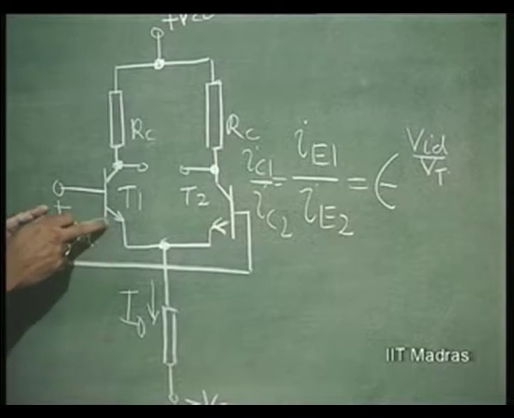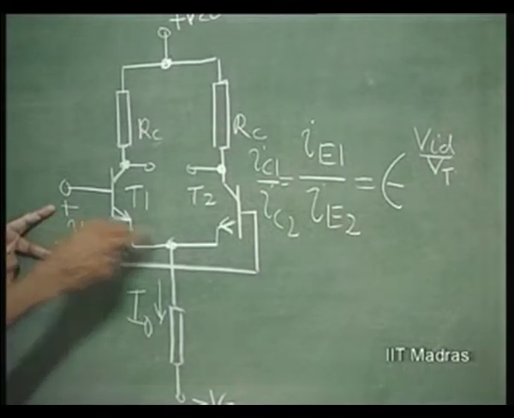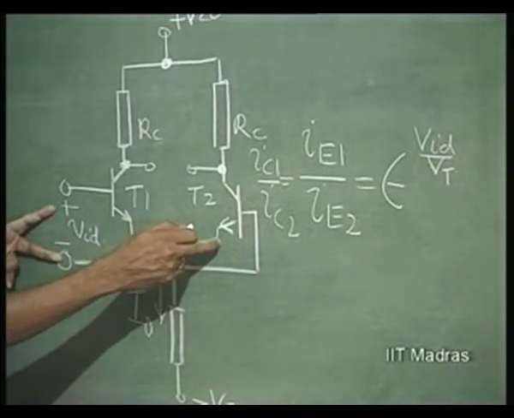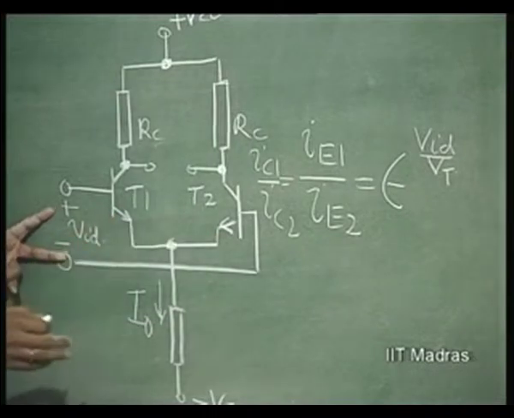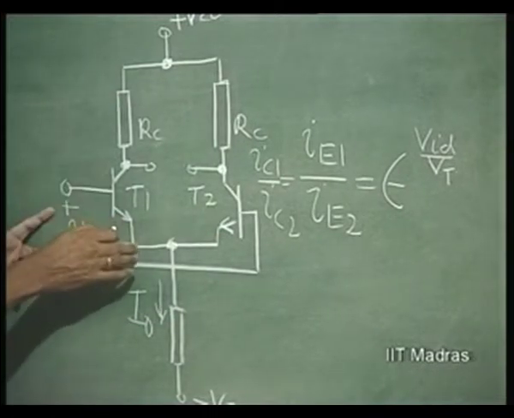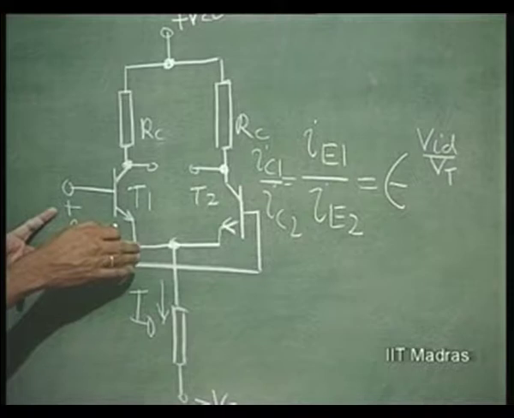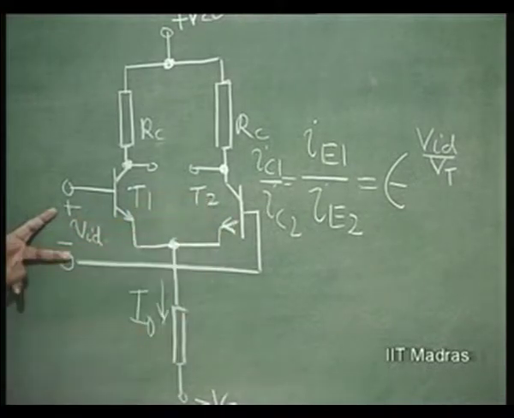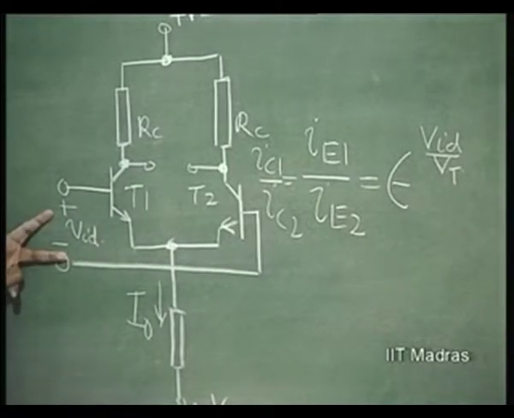This current will keep on increasing, this current will keep on decreasing. Ultimately, what happens? This transistor will have the total current I naught, and this will have 0. That is the limit. T2 is off, T1 is fully drawing the current.